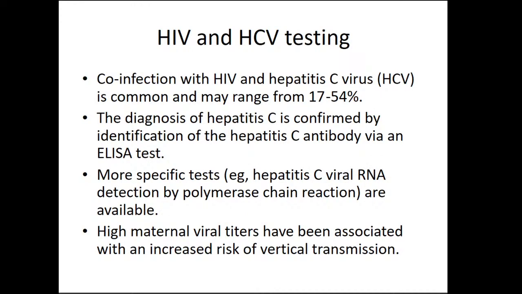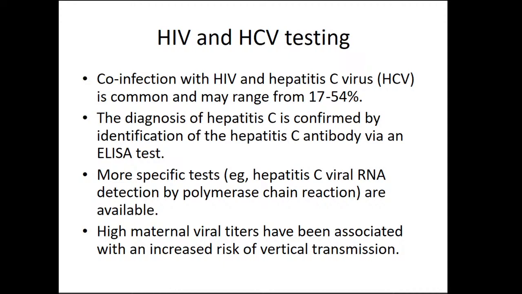Co-infection with HIV and hepatitis C is also common and ranges, according to different authors, up to 50% of cases. So every second patient can be co-infected with HIV and HCV, which we call the slow killer.